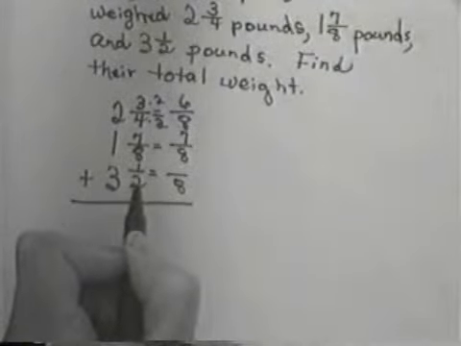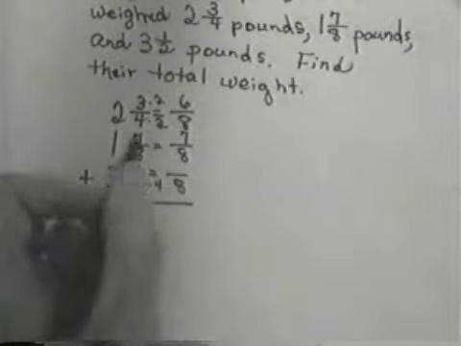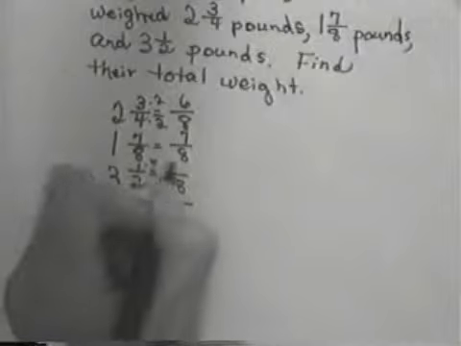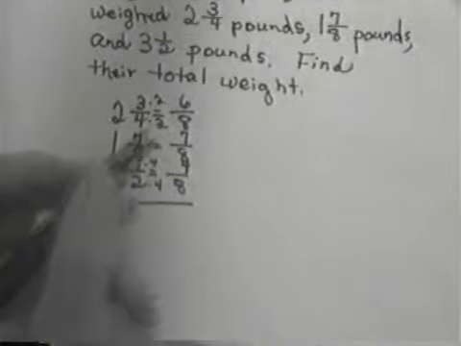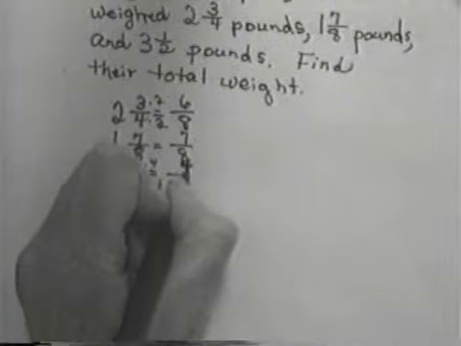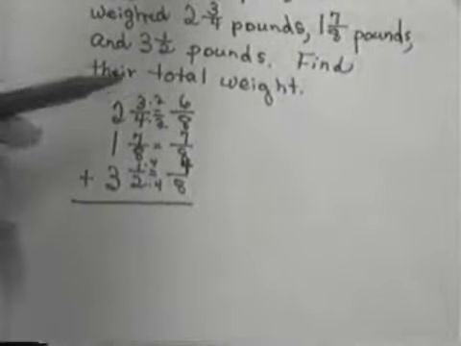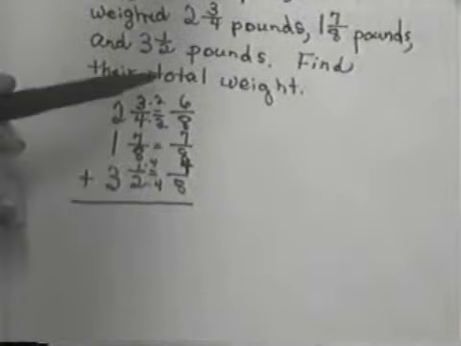Here we have to decide what we have to multiply 2 by to get 8. We multiply 2 by 4 and 1 by 4. So we end up with 4/8. 4 is mighty hard to see. You just have to remember that's a 4. 4/8. So we're adding 6/8, 7/8, and 4/8.